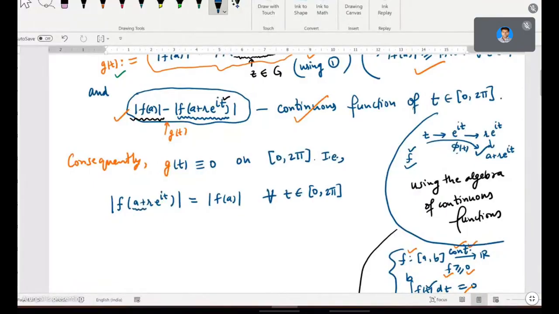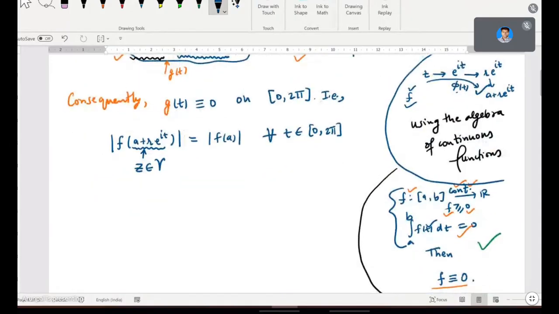Now what was this? This was an arbitrary point z on the circle gamma. Right? So it means I can say this is equal to this for all z in this.